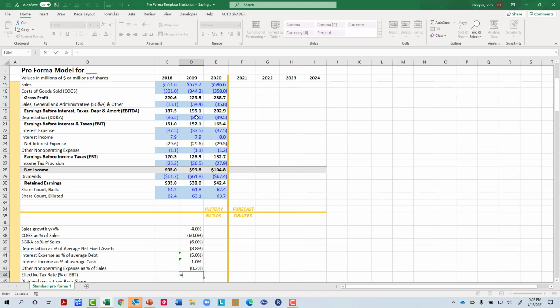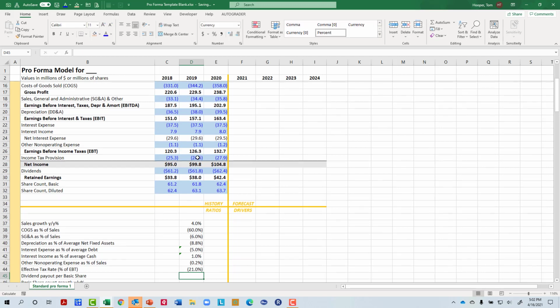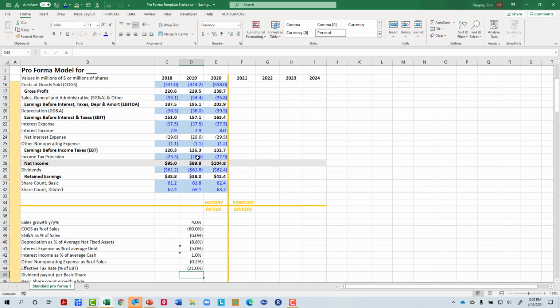My effective tax rate, of course, is just the taxes divided by the taxable income. Show that as an outflow as well. And then the dividends per basic share, just the dividends divided by the basic share count. We want to use basic share count here because that's the share count that we pay dividends on.